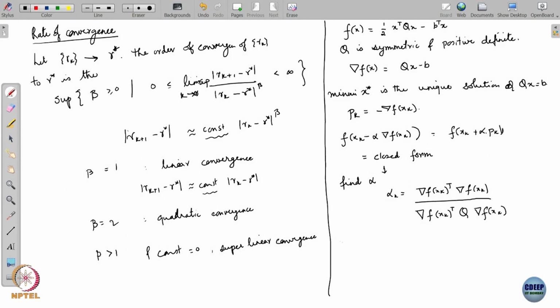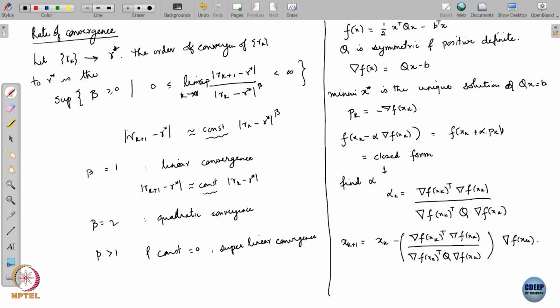So, the iteration then becomes x_{k+1} equals x_k minus this term, gradient of f at x_k transpose gradient of f at x_k divided by gradient of f at x_k transpose Q times gradient of f at x_k, the whole thing times gradient of f at x_k.